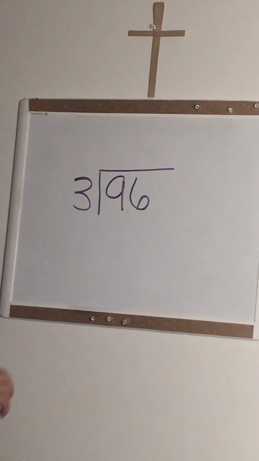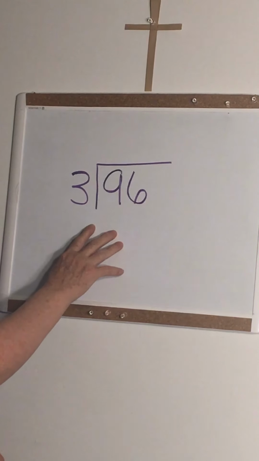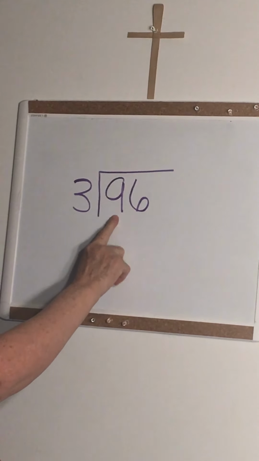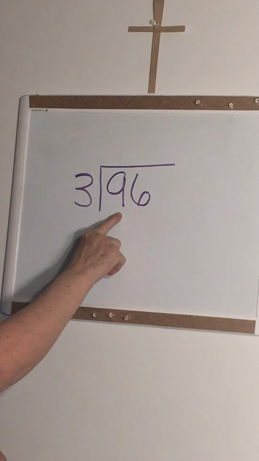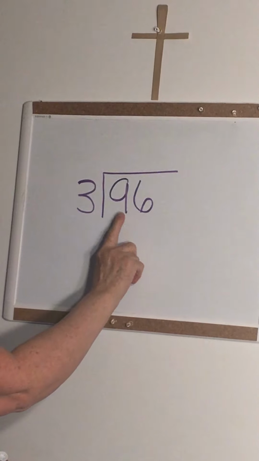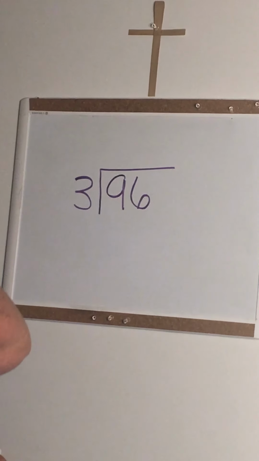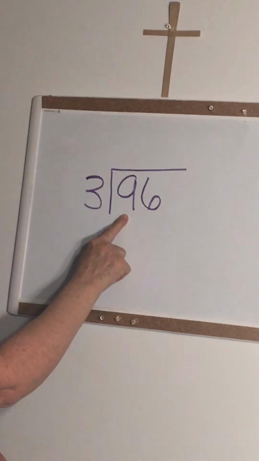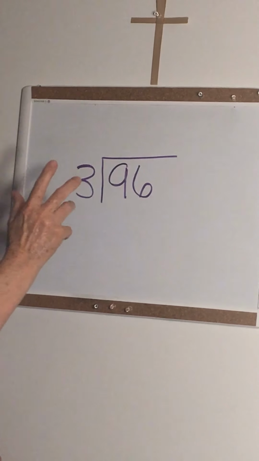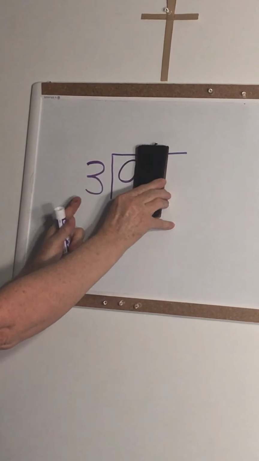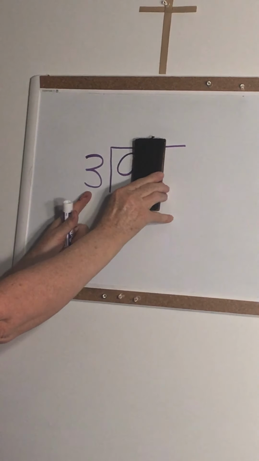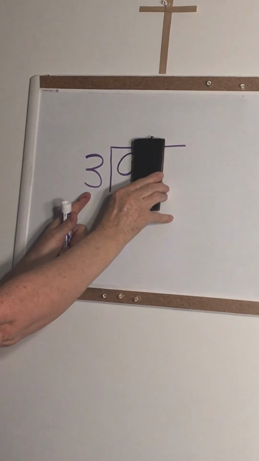Whenever we do a division problem like this, we look at the first number, which is called the dividend. 96 is the dividend. Look at the first number of the dividend, which is 9. I want you to become aware if this number, the first number, is equal to the divisor or more, because you do different things.